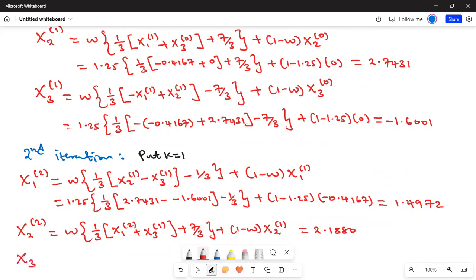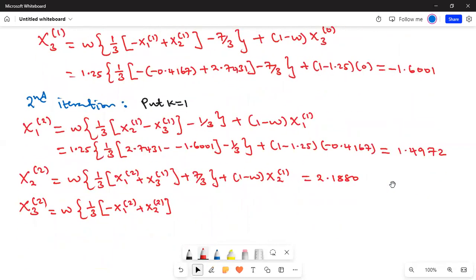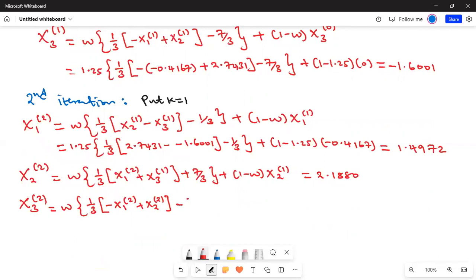Third equation, x3 at level 2 is omega 1 over 3 times negative x1 at level 2 plus x2 at level 2 minus 1 over 3 plus 1 minus omega times x3 at level.